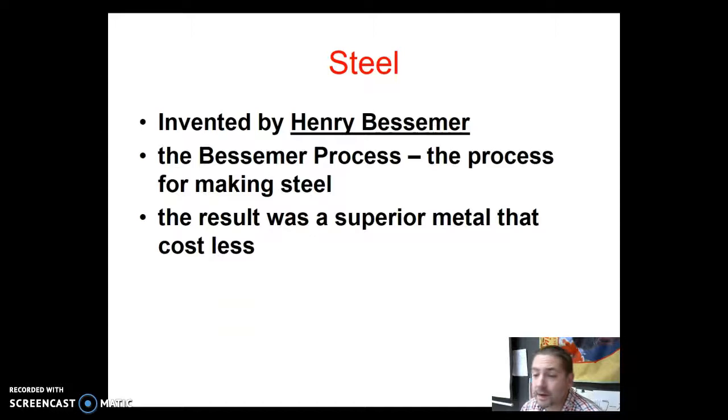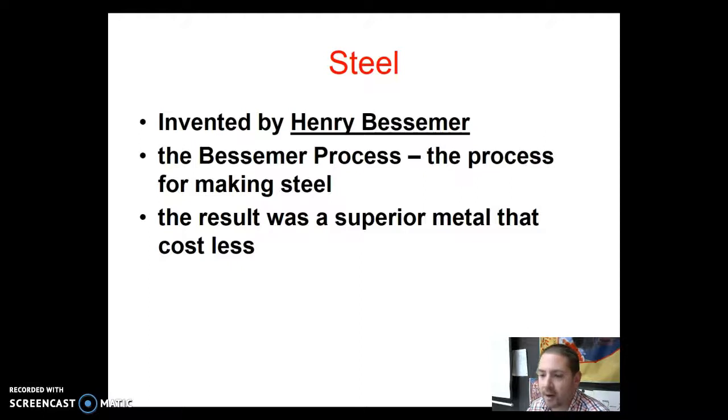Along with that, you also have the development of the train tracks and the use of steel to make locomotives, and the railroad really becomes one of those symbols of great growth in the Industrial Revolution, right? People being able to travel much quicker, and it's because of the Bessemer process, which makes steel production not just better, it's also cheaper, right?